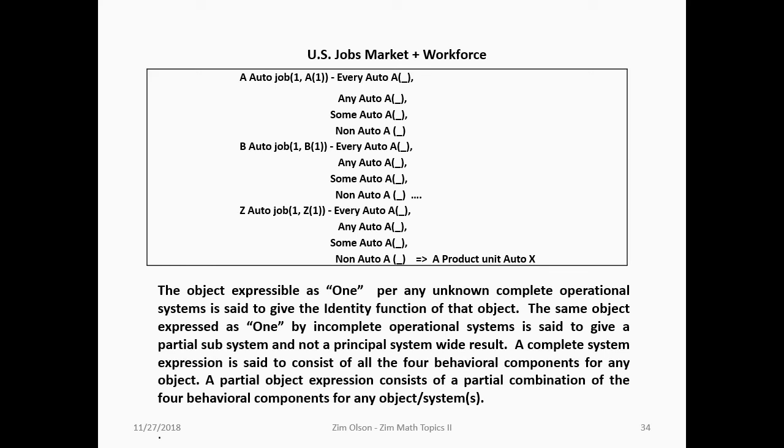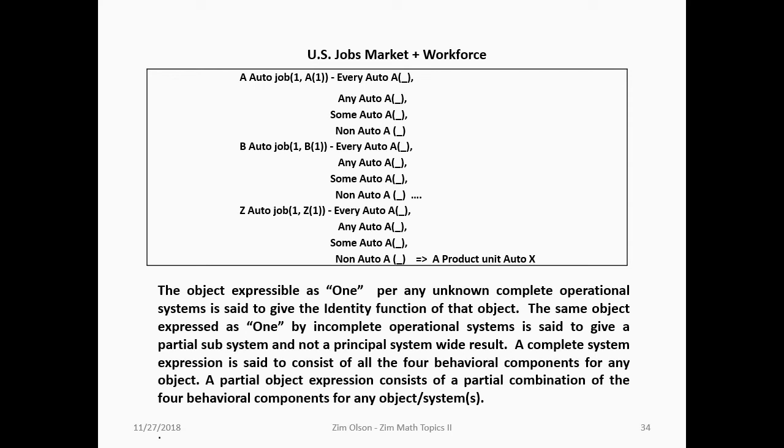Identity function maybe for the company also, and here I show the possibility of expressing the auto job as a construct of one, and the person itself as a construct of one, as some unknown operational value instead of some given operational value, which would possibly be a better result for the market, for the workforce and the company, giving a company A product with some unknown auto product, which might be a more viable system expression for the company.